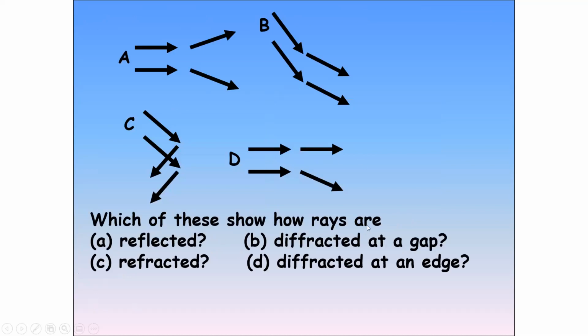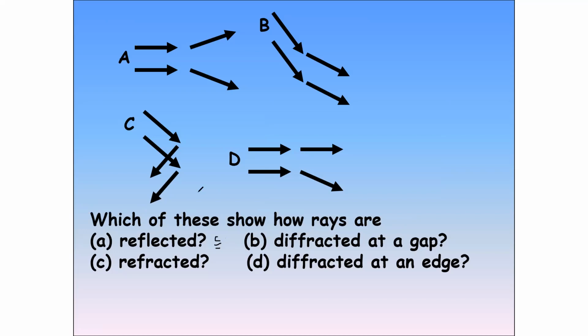Which of these shows rays are reflected? A, B, C or D? Which one is representing a reflection of the wave? C is representing a reflection.